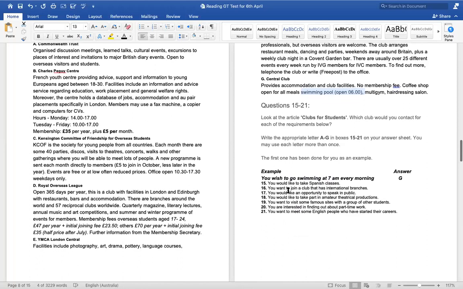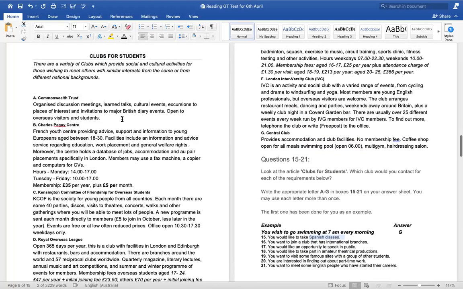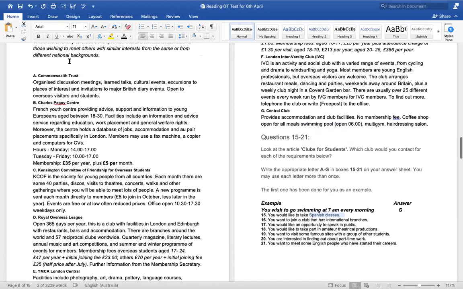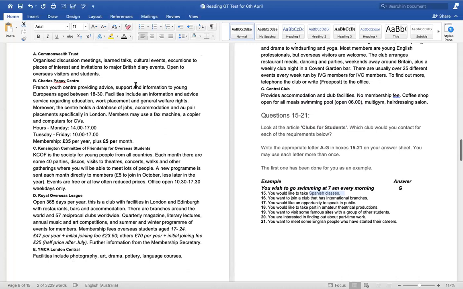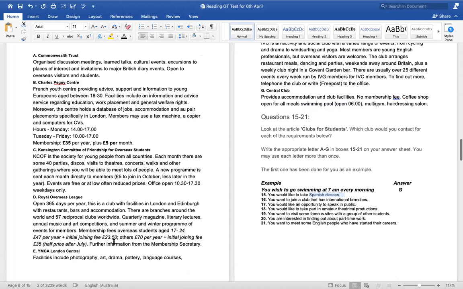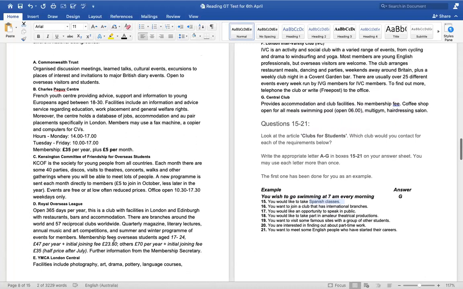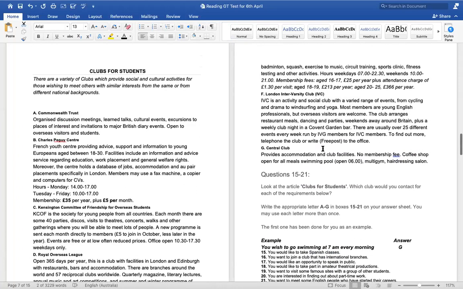Next one, you would like to take Spanish classes. So our keyword is Spanish classes. Now we're going to scan for this information throughout. So Spanish classes is our keyword that we are scanning for. Facilities include, there are language courses over here, if you can see.